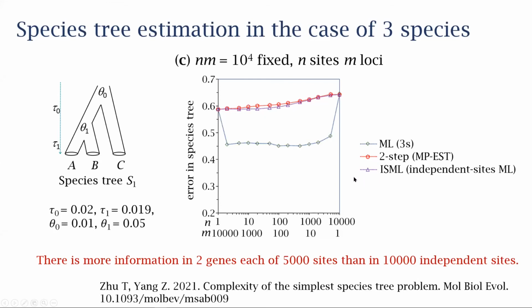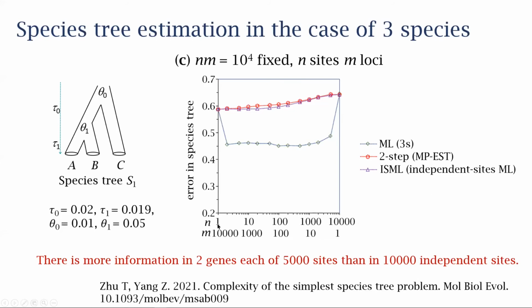So here we have M loci, N sites in the data, but we are fixing the product, which is the total number of sites fixed. So if you do maximum likelihood, you get an error rate like this. So here on this N, that's just using 1 locus with 10,000 sites.